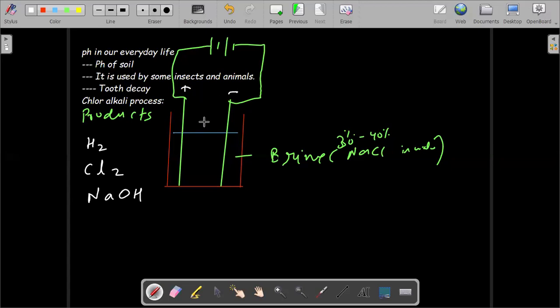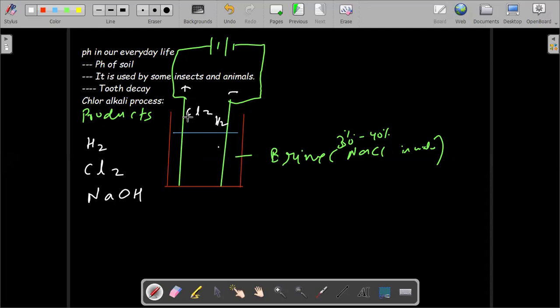So you will obtain hydrogen gas over here. So this is a negative one. Here you obtain the hydrogen gas, and here you obtain the chlorine gas, and sodium hydroxide.